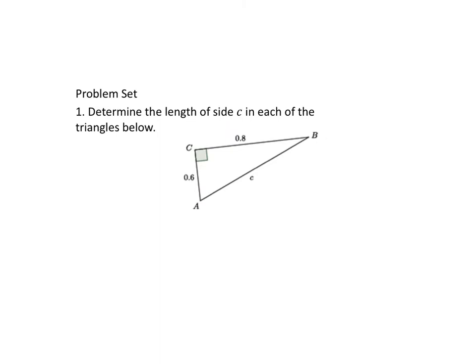Alright, since we used the Pythagorean theorem on that last one, we'll use the square method on this one, which is still the Pythagorean theorem. But we'll look at this side length, which is a leg because it makes up that right angle. And I'll show it as a square. The area of that square is going to be 0.6 squared, which would be 0.36 the area.